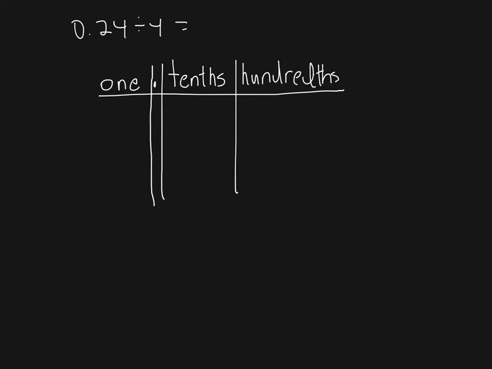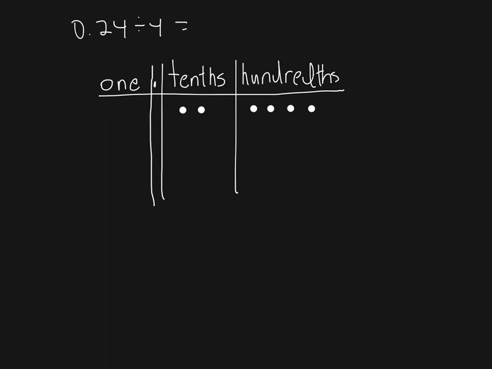Our next problem is 24/100 divided by 4. It's a little bit more complex because we have a 2-digit dividend. So we could put 2 in the tens place and 4 in the hundreds place. But the problem with that is after we divide this 4 in the hundreds place, then we have 2 in the tens place, and we can't really put 2 into groups of 4.